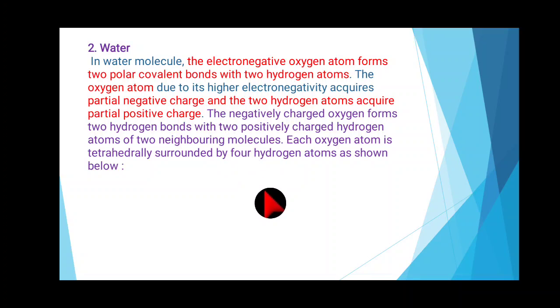So in the water molecule, oxygen carries a partial negative charge and the two hydrogens carry a partial positive charge. The negatively charged oxygen forms two hydrogen bonds with the two positively charged hydrogen atoms of two neighboring molecules. So each oxygen atom is tetrahedrally surrounded by 4 hydrogen atoms.